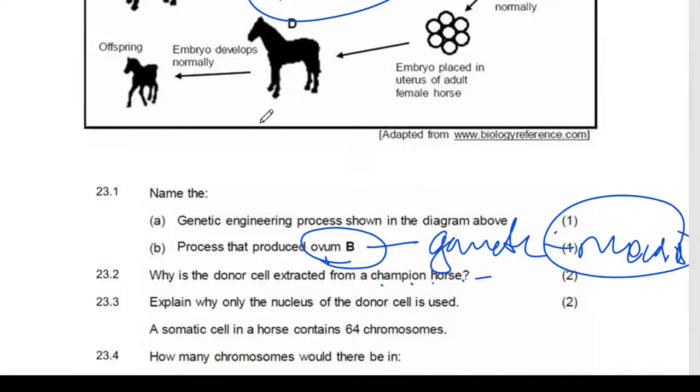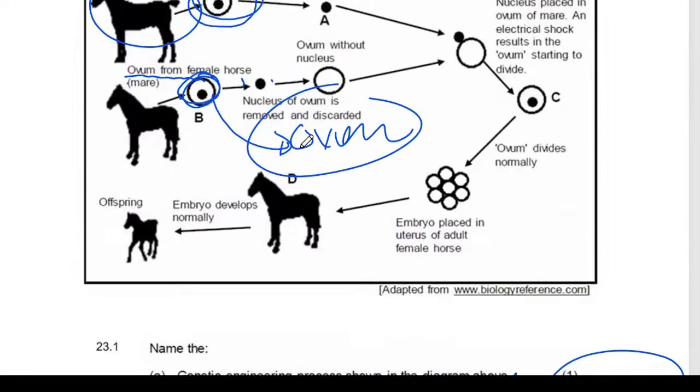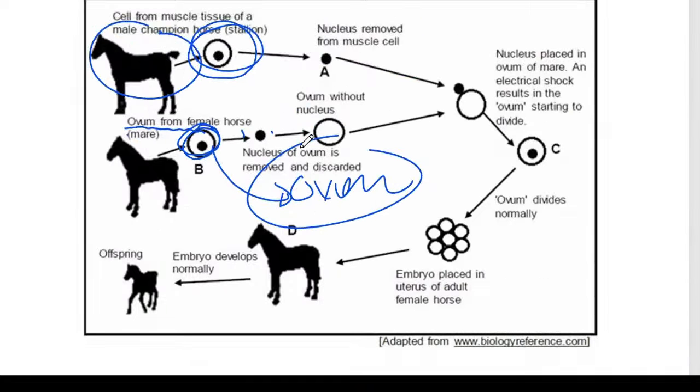Yes. Why is the donor cell extracted from the champion horse? Say if you don't understand. Why do we extract this cell from this horse?